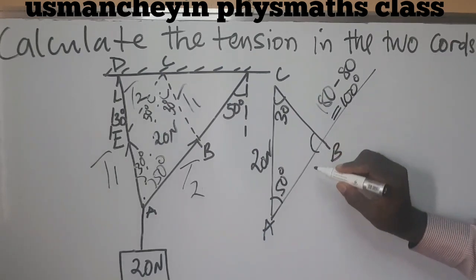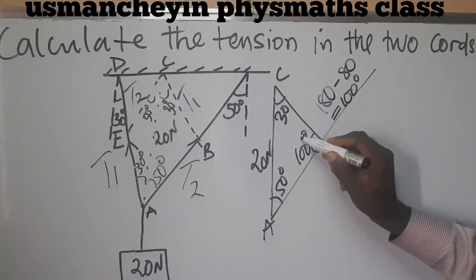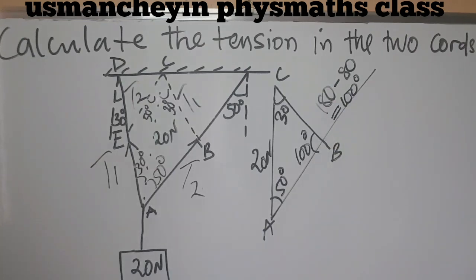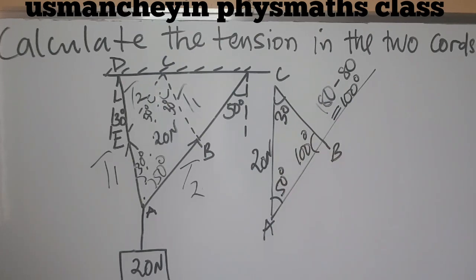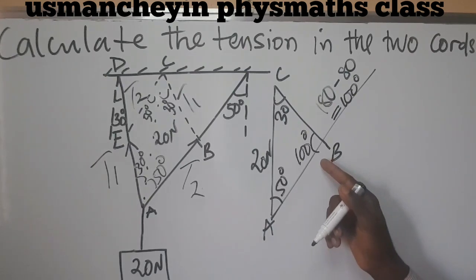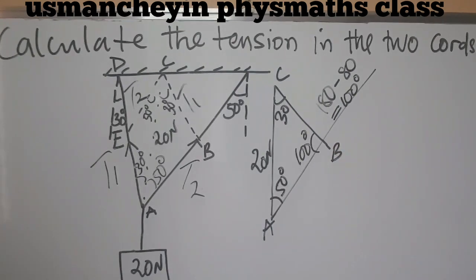That means this particular angle is 100 degrees. We obtain it as a result of summing the angles of the triangle and equating it to 180 in order to look for B. You're going to get 100 degrees.